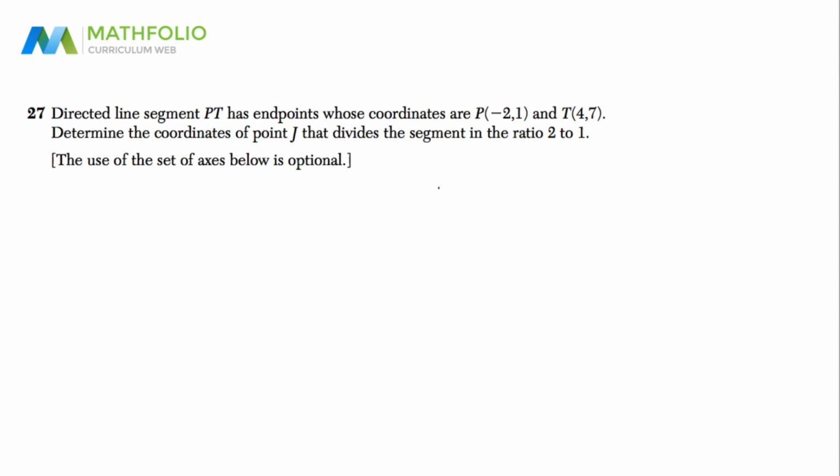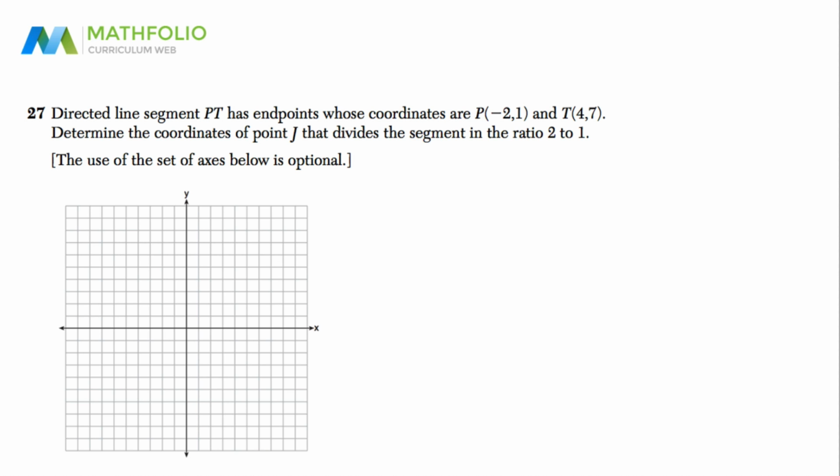Okay, so question number 27 says a directed line segment PT has endpoints whose coordinates are, and then we're given a couple of points. Okay, so let's take a look. So I just brought up the axes. So let's plot -2, 1.